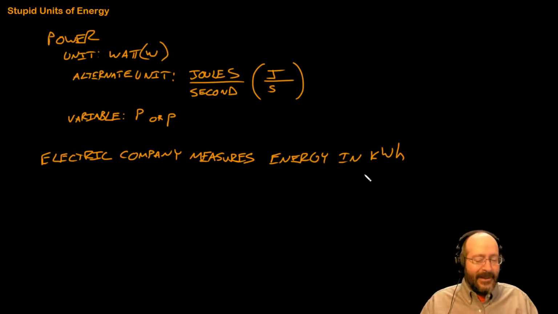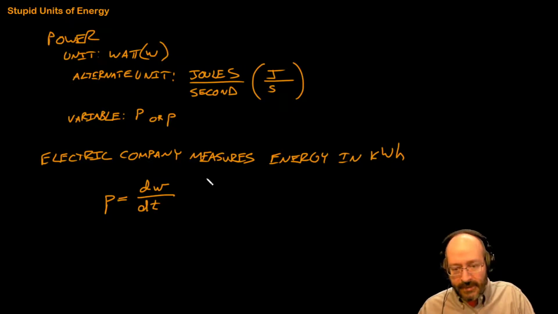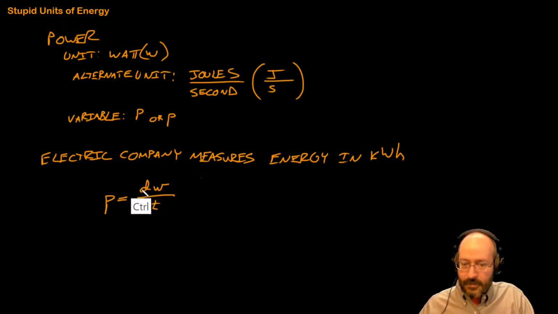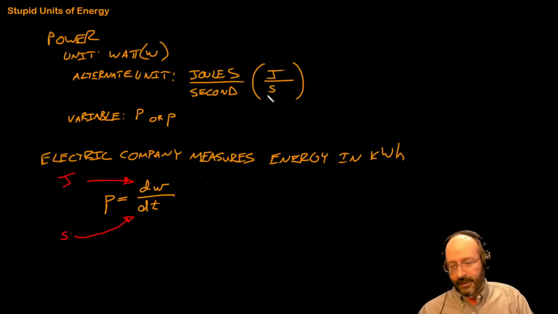It's almost there, but not quite. Power, of course, is the amount of work done over a period of time. So if I look at the unit here, the unit is joules because it's in work, and that's energy. And the unit down here in time is seconds. And that's how we end up with joules per second up here for the alternate unit for power.